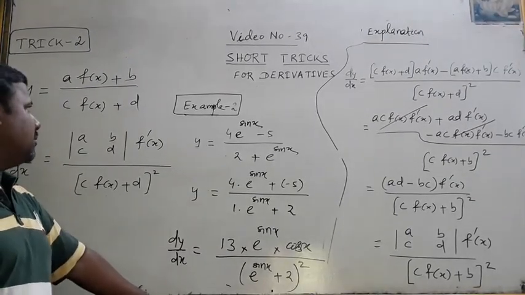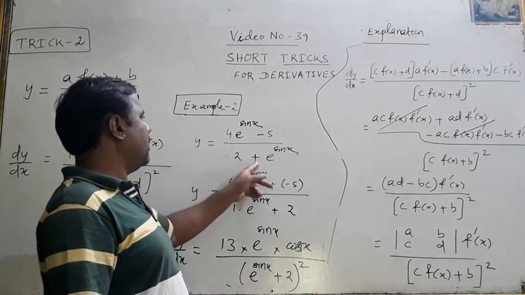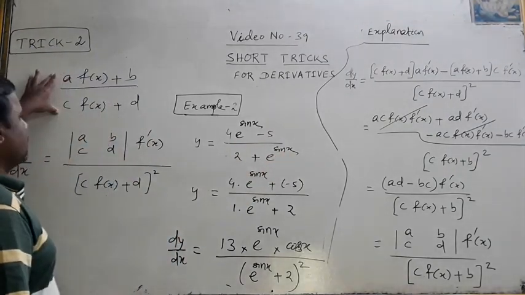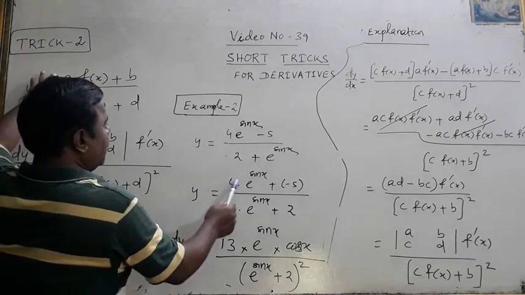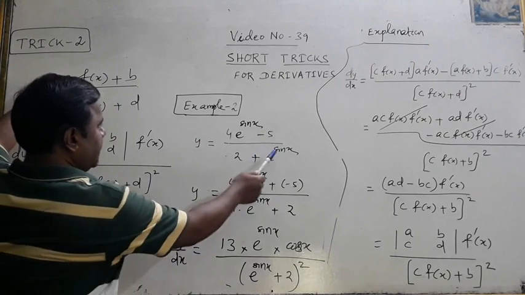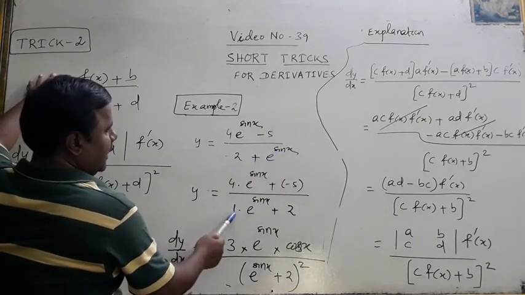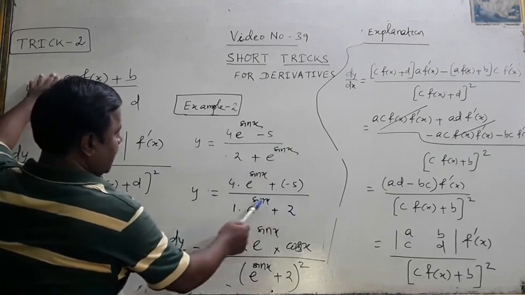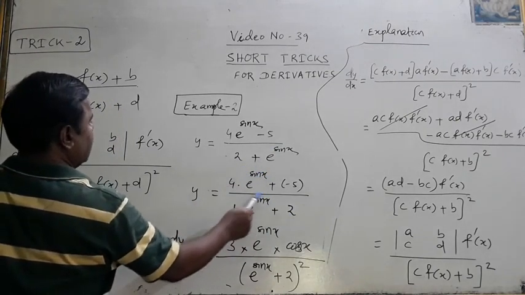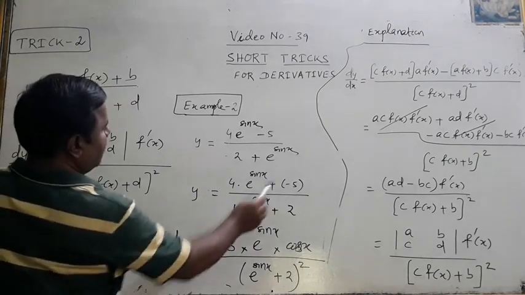Now example 2: y is equal to (4 e to the power sin x minus 5) by (2 plus e to the power sin x). You have to arrange it like this. So write (4 e to the power sin x plus minus 5) divided by (1 into e to the power sin x plus 2). Now look at it, it is in this format: e to the power sin x, e to the power sin x. a, c are 4, 1; b, d are minus 5, 2.